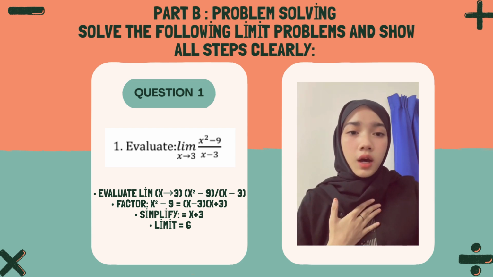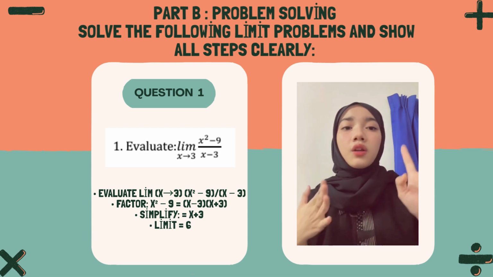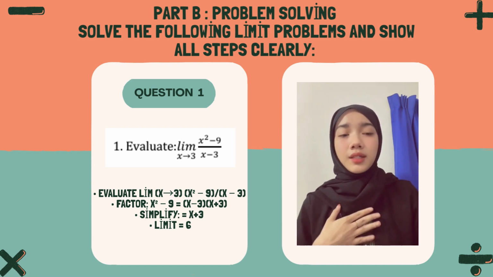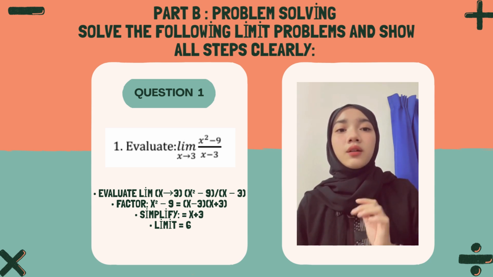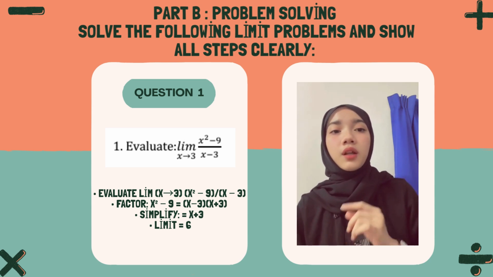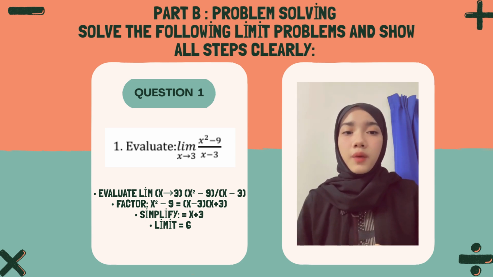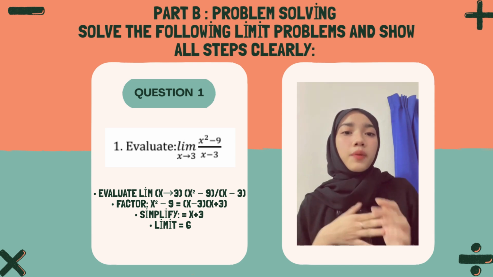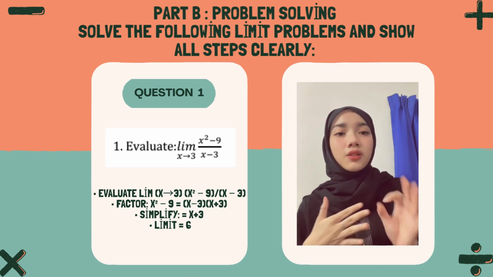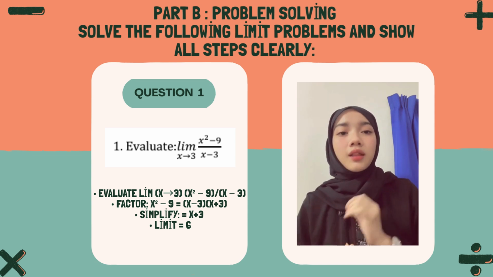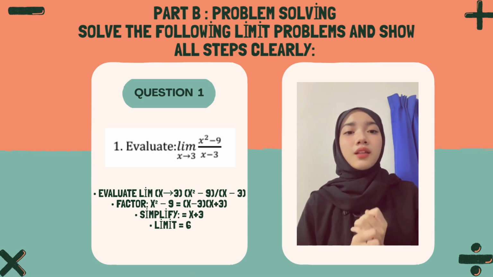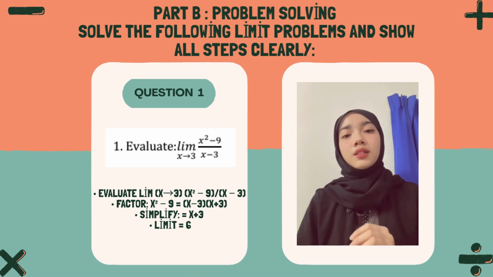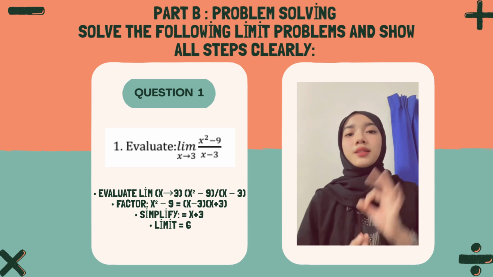Step 4, now we can cancel the common factor (x minus 3) from the numerator and denominator. (x minus 3) times (x plus 3) over (x minus 3) equals x plus 3.